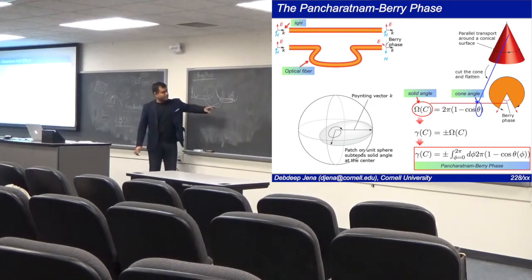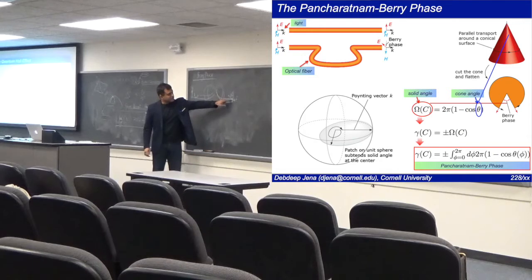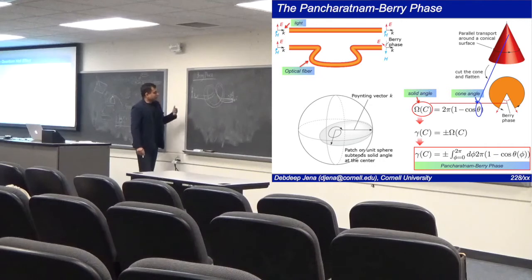It's called the Pancharatnam phase, after the person who first measured it. So it will turn, and the angle it subtends is related to how you bend it. Obviously, if you don't bend it at all, that alpha is 0. And the way to look at it is this k, which is the photon's Poynting vector.